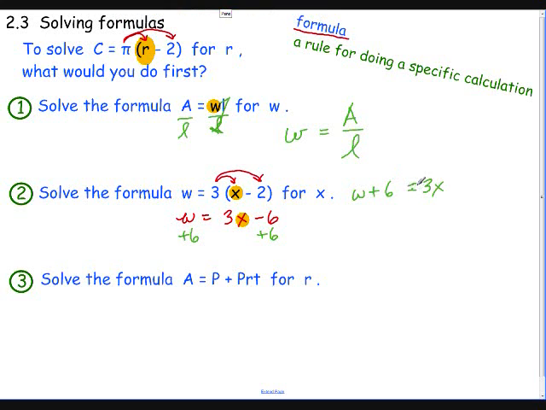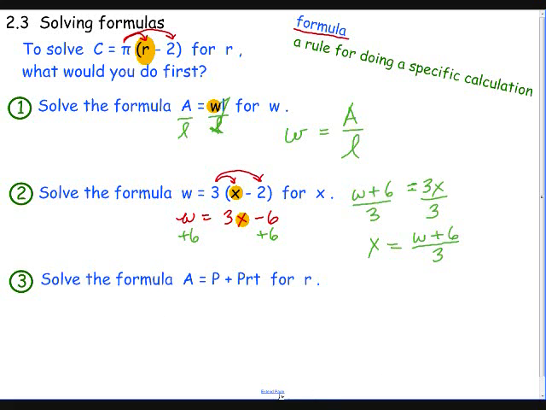We're trying to get x all by itself, so we're going to divide both sides by 3. We get x is equal to W plus 6, all of it, divided by 3.